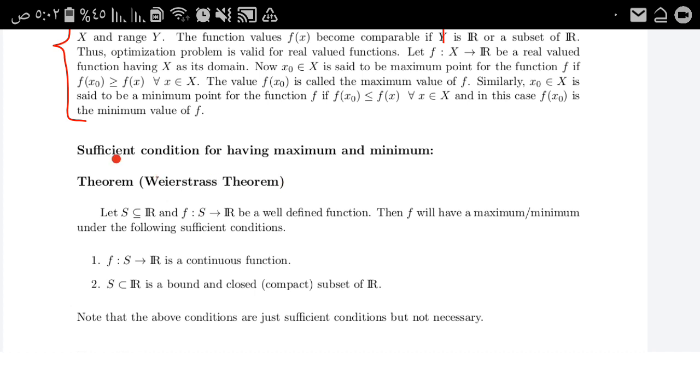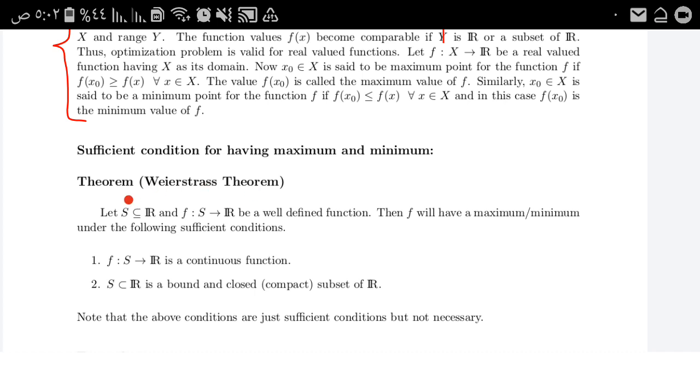So, let's review the sufficient condition for having maximum and minimum. The first theorem is the Weierstrass theorem.